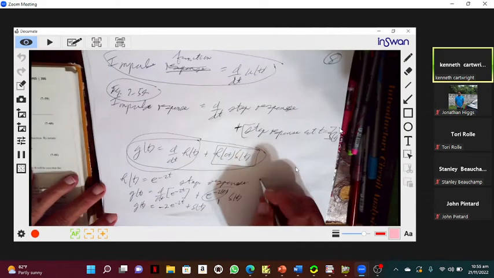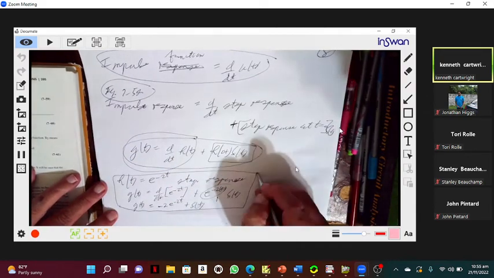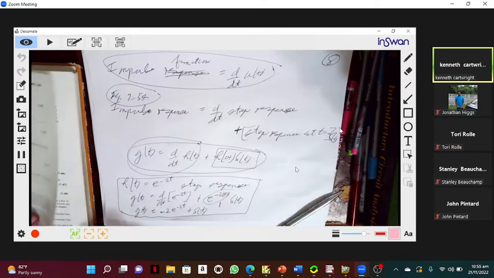We could do it this way, or we could do it using Laplace transforms.